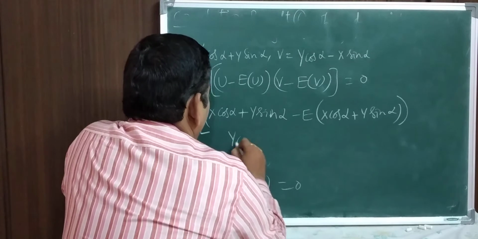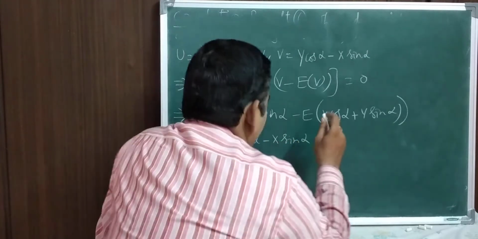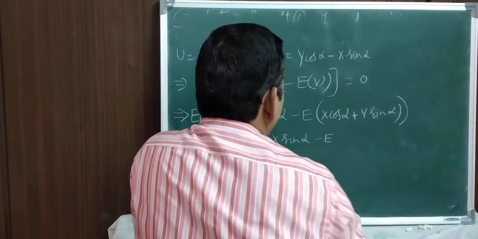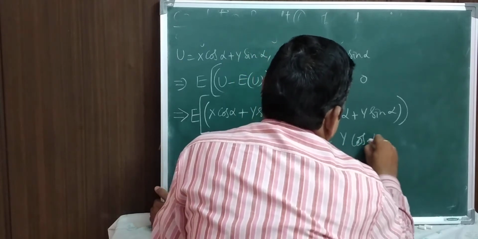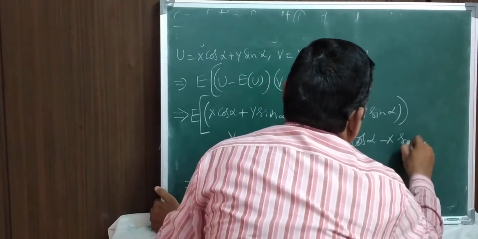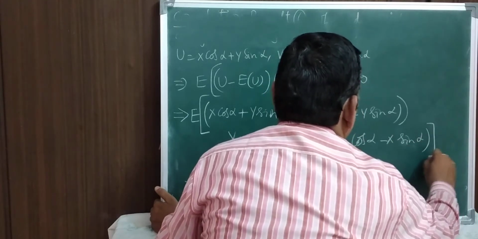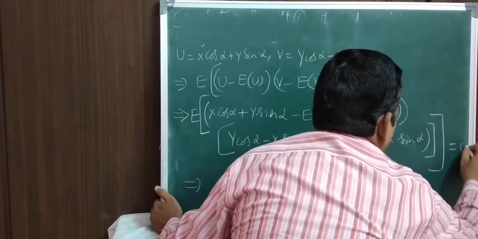Y cos alpha minus x sin alpha and minus expectation of y cos alpha minus x sin alpha. This is equal to 0.